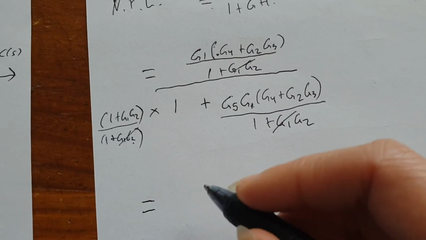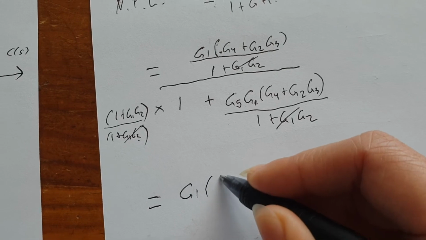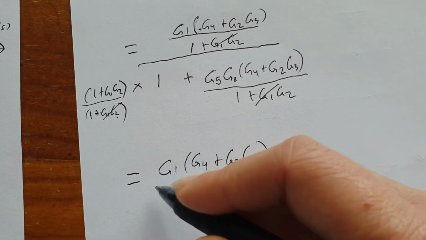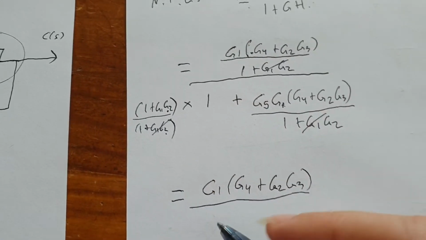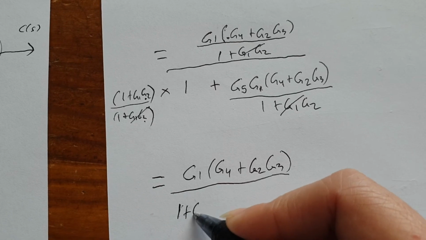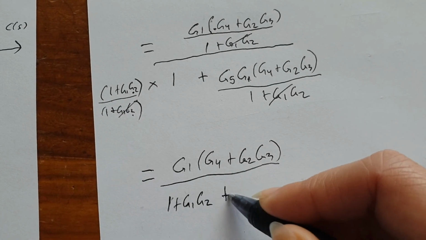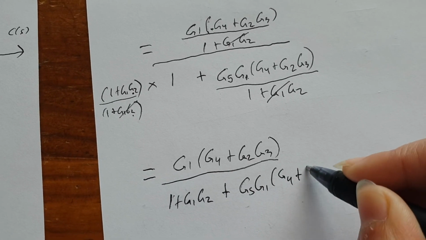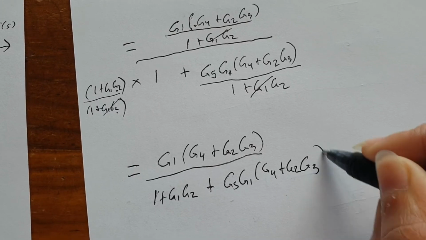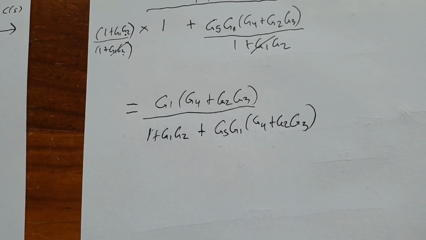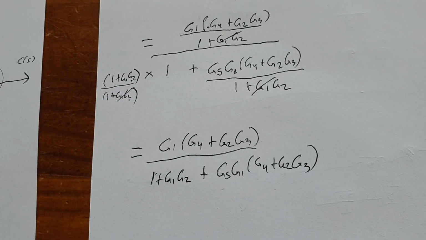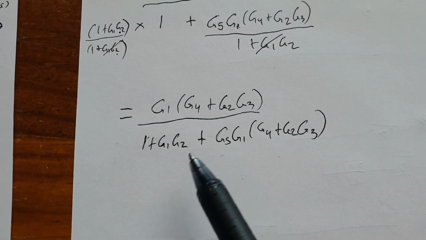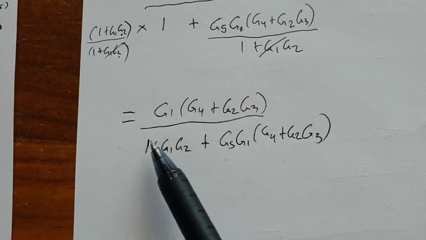So let's rewrite that so we don't get confused. G1, G4 plus G2, G3 over our newly timesed 1 plus G1, G2 plus G5, G1, G4 plus G2, G3. All right. So we could leave it like that if we wanted to, but nothing's really going to change a lot here because of this one.